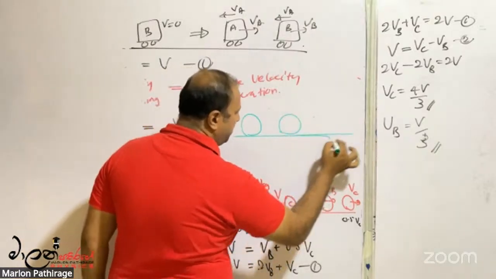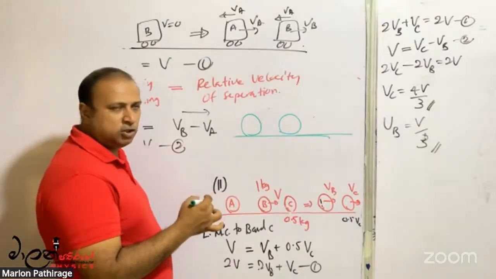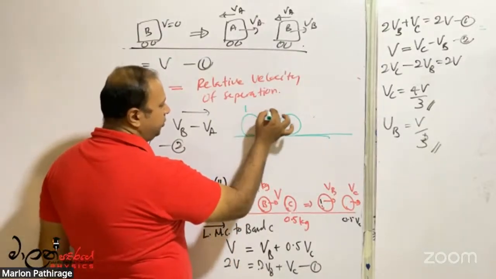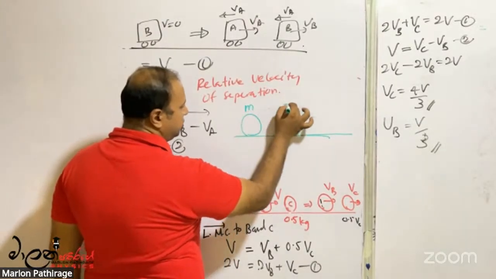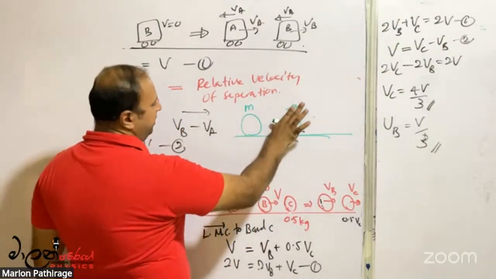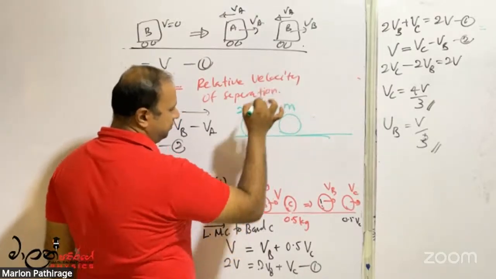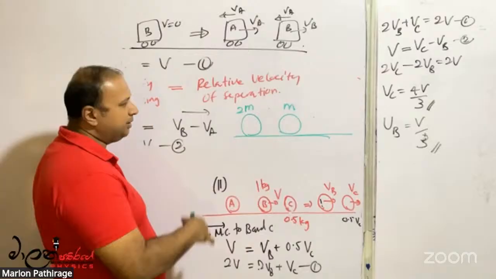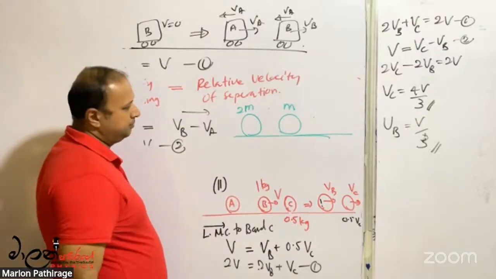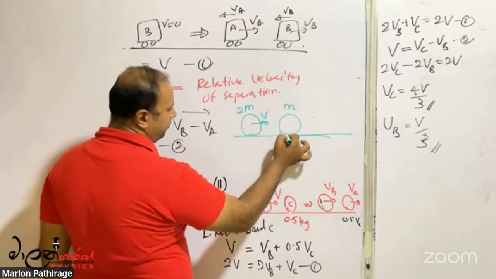Suppose there are two objects. The mass ratio of object 1 to 2: if it is 1, this is 2m, or if this is 2m, this one is 8. You can take both. So one is moving at speed v, the other one is 0.